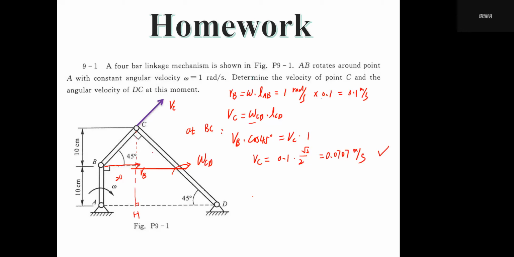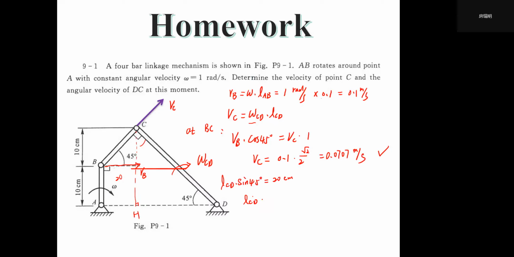And this is 45 degrees, so here should be 45. Then the length of CD, we can find it: LCD times sine 45 will equal 20 centimeters.